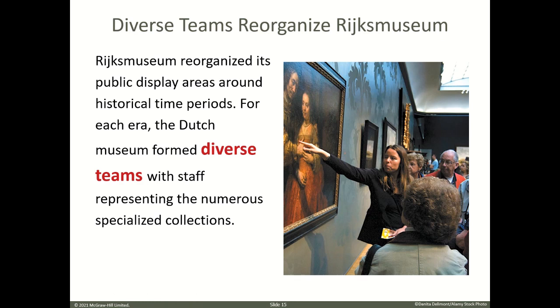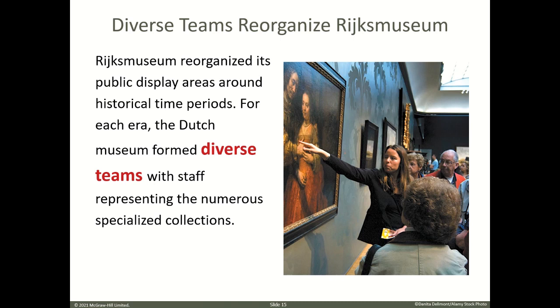Now, if we talk about diverse team reorganizing, this is one of the museums, right? This is one of the examples that I'm going to explain. This is the name of the museum, and if you Google it, you will be able to find it very easily.